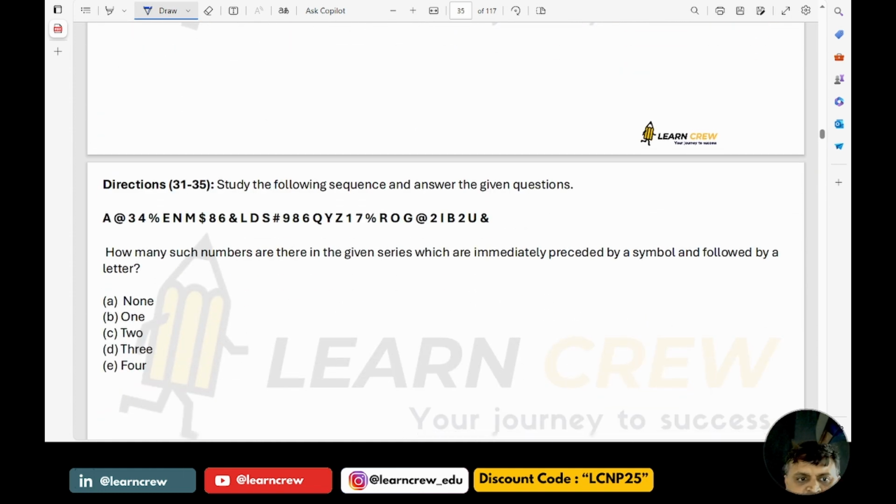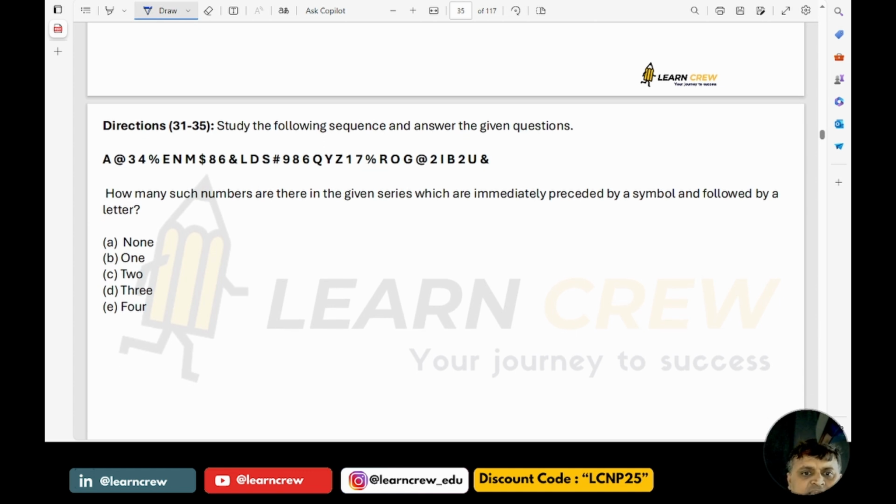Next. How many such numbers are there in the given series which are immediately preceded by a symbol and followed by a letter? Numbers preceded by a symbol, followed by a letter.